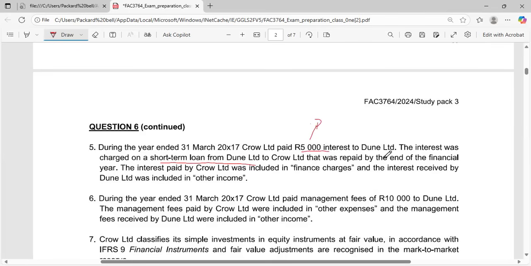So when you eliminate, it means you go and look when Crown Limited paid interest to June Limited. For June Limited, it's going to be in other incomes.